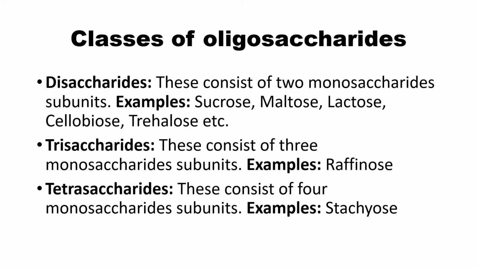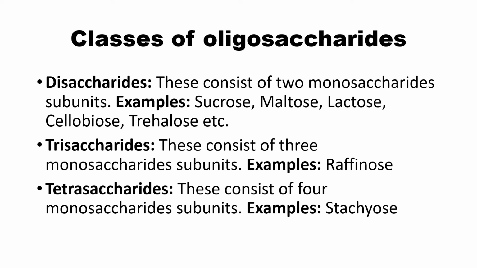Classes of oligosaccharides. Disaccharides, trisaccharides and tetrasaccharides are the classes of oligosaccharides. First of all, we discuss disaccharides. Disaccharides consist of two monosaccharide subunits, for example sucrose, maltose, lactose, cellobiose, trehalose, etc. Trisaccharides consist of three monosaccharide subunits, for example raffinose.